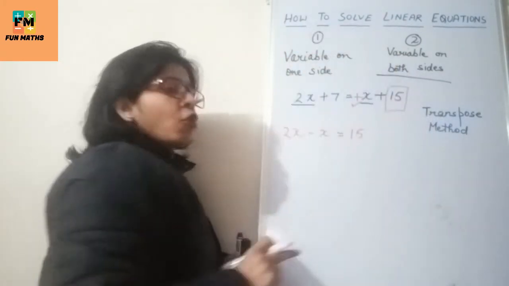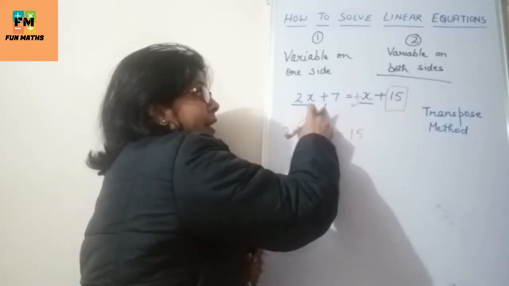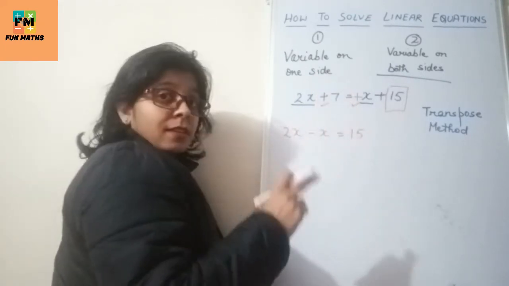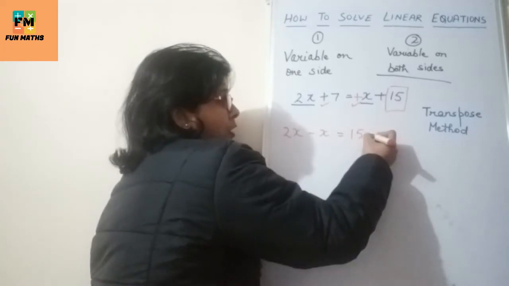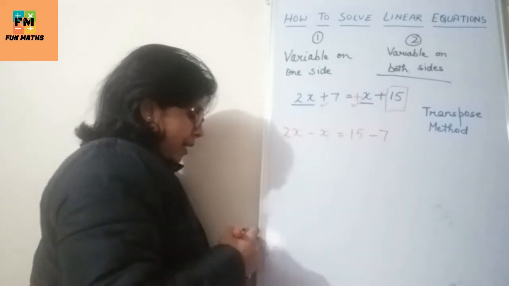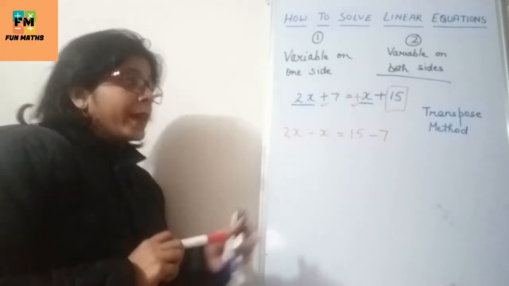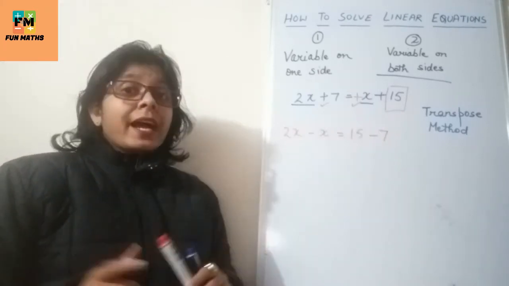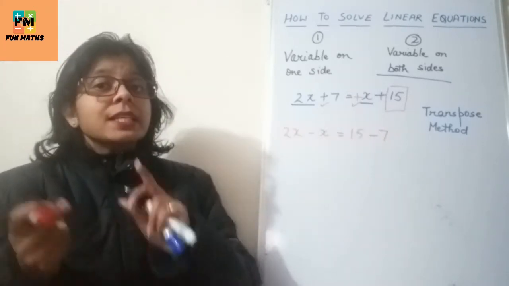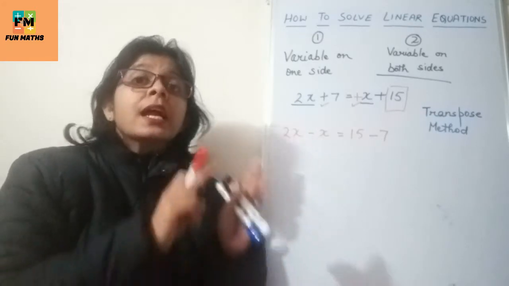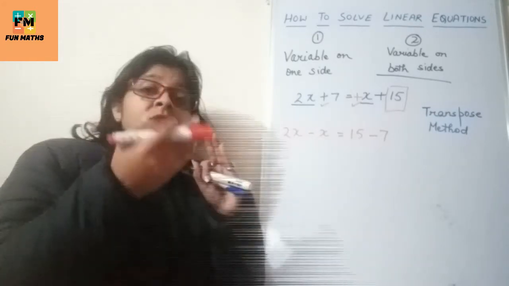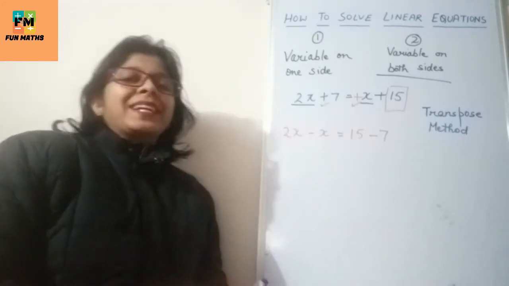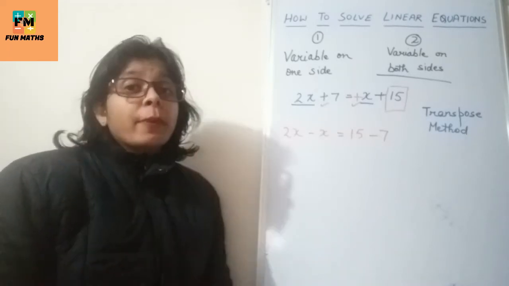But when 7 will go to the right hand side, again this plus will be converted to what? Minus, as a compromise. Compromise means to convert the signs. Plus will be converted to minus, minus will be converted to plus, multiply will be converted to divide, divide will be converted to multiply. This is the compromise of the signs.